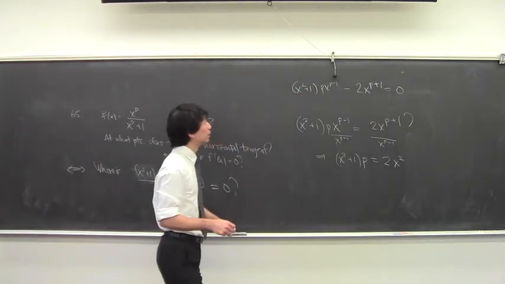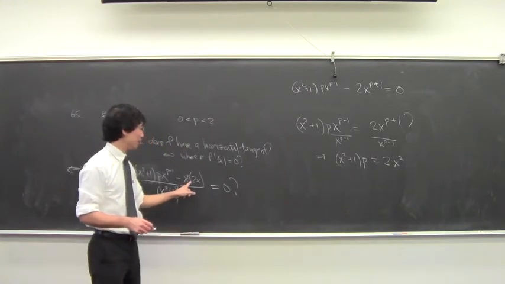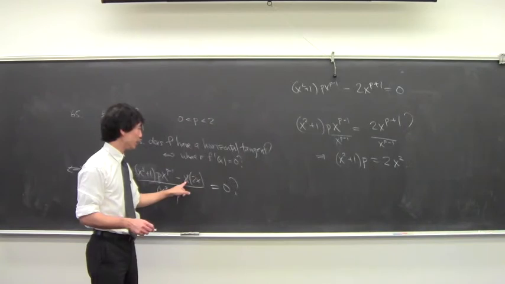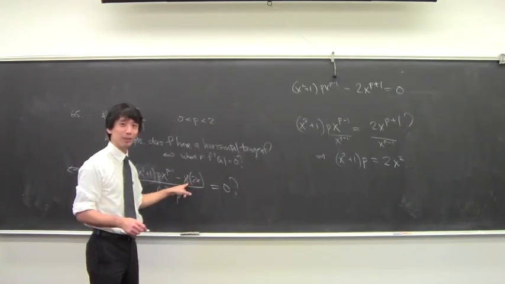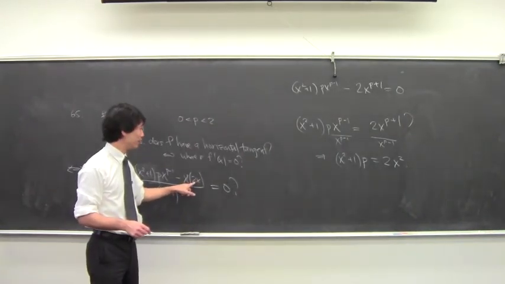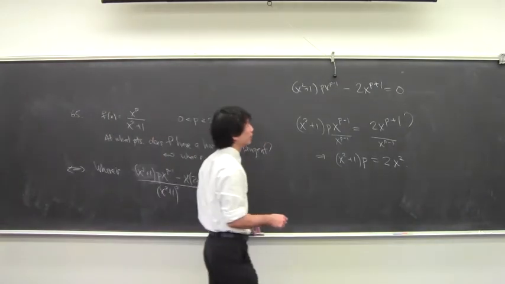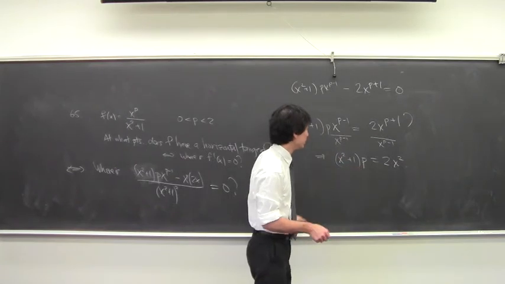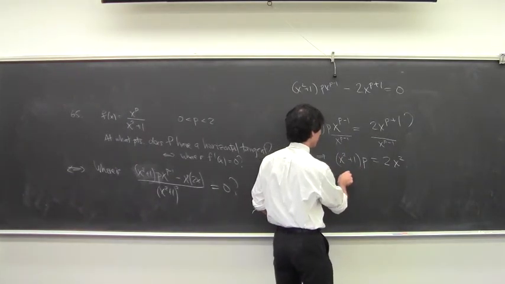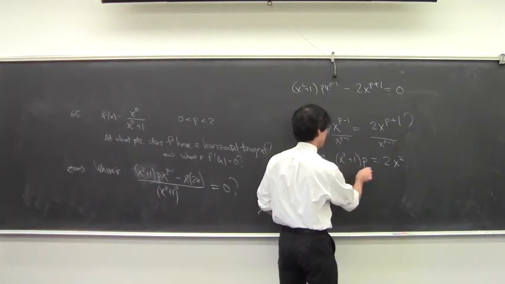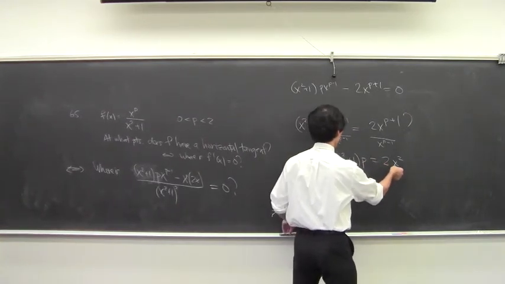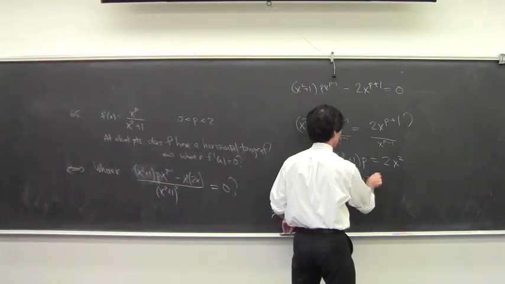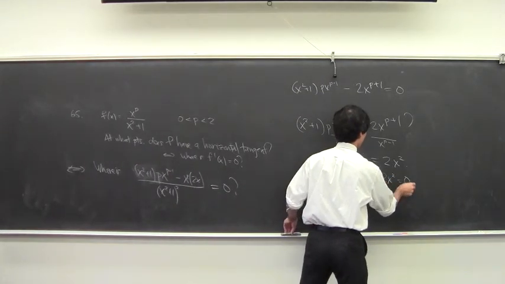How did you get x to the p plus 1? Because we've got x to the p times 2 times x. So x to the p times x is going to be x to the p plus 1. Oh, okay. And then you've got the 2. And then I move these guys to the other side, and then divide, and you end up with this. So p x squared plus p minus 2x squared equals 0.